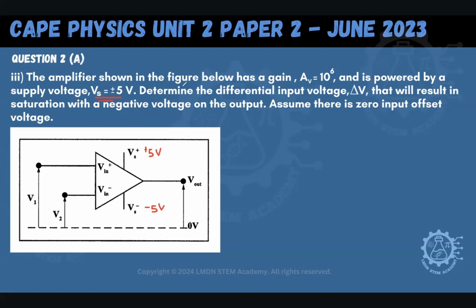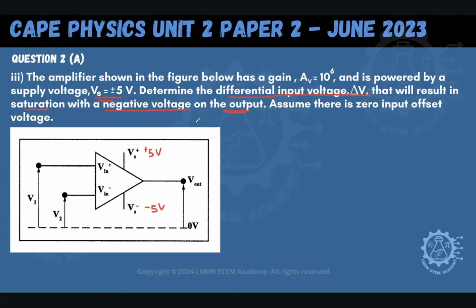Okay? So now we're being asked to determine the differential input voltage, delta V, that would result in a saturation with a negative voltage on the output. We just spoke about this. So we need to find a delta V that will give us a negative saturation.